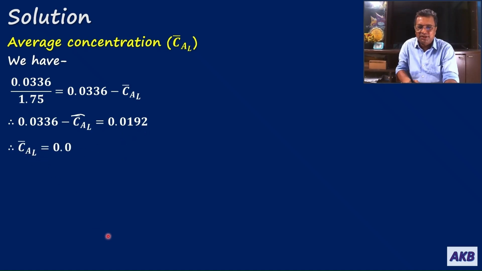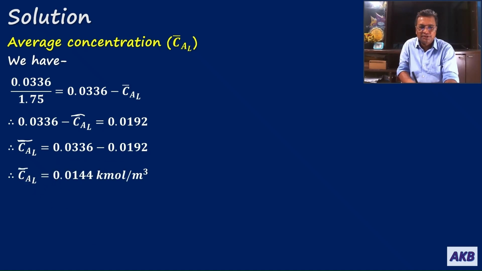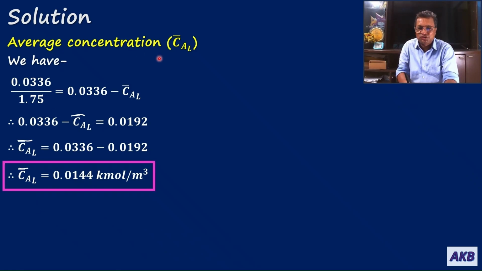So CAL bar will be 0.0336 minus 0.0192. That gives us CAL bar as 0.0144 kilomole per meter cube. So in this way we get the average concentration. Average concentration CAL bar is 0.0144 kilomole per meter cube.